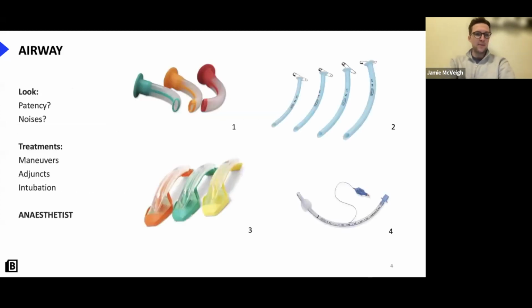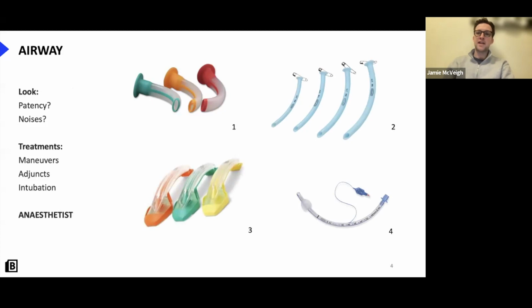So airway. Not particularly relevant for what we're talking about today, but still worth mentioning. If a patient's airway is blocked, you might hear some funny upper airway noises. There might be stridor type noises, or might be complete silence, which is very worrying and probably needs an anaesthetist to see them as soon as possible.